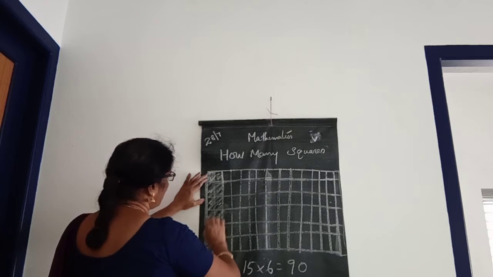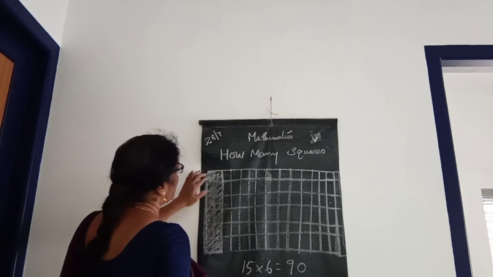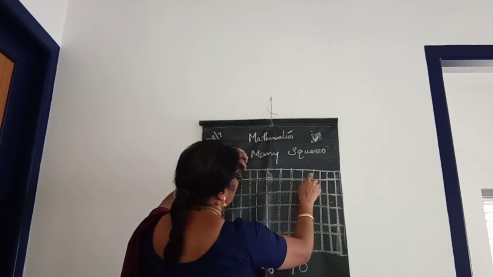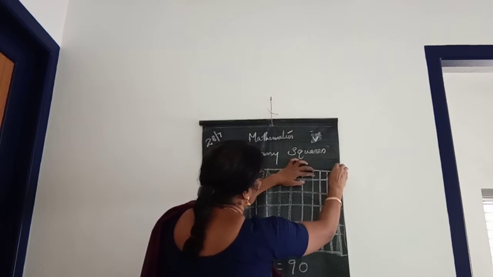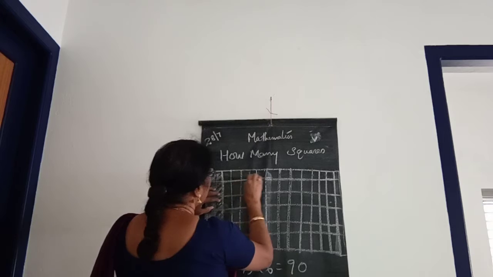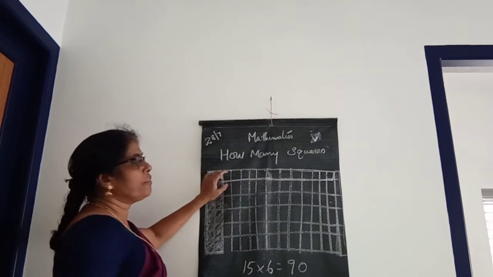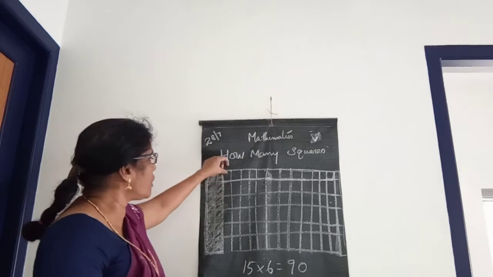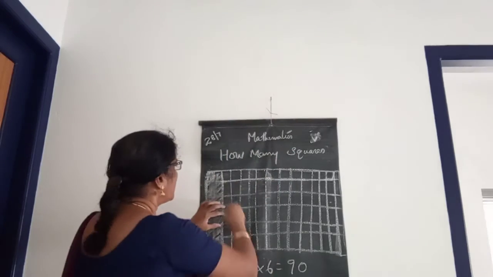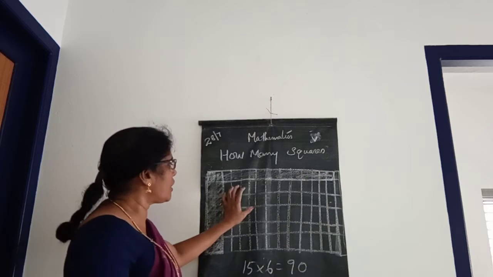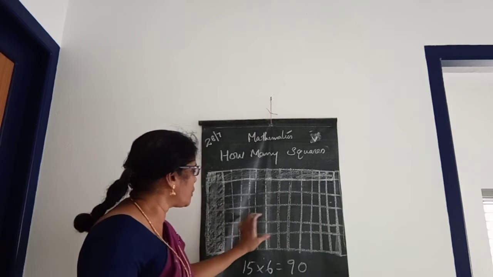Then another one you can make here: 1, 2, 3, 4, 5, 6, 7, 8, 9, 10, 11, 12, up to here. This is another rectangle using 12 squares. Already here also 12 squares, isn't it? That is another one. And likewise you can make more here, also 12, 12, 12, 12.